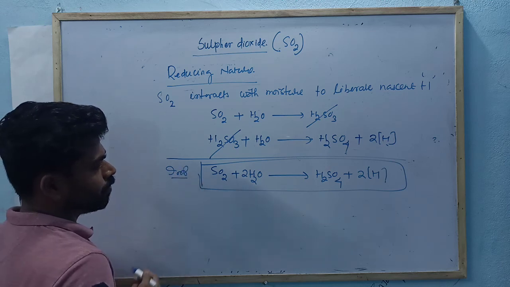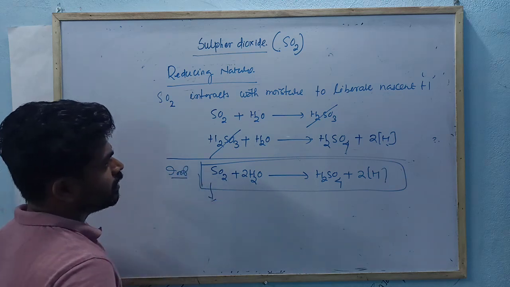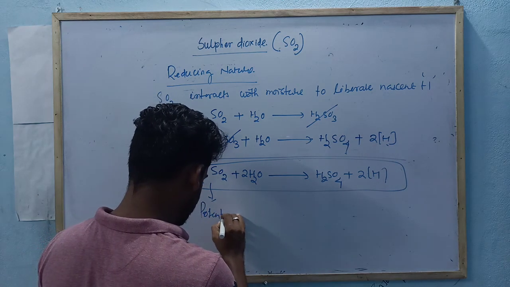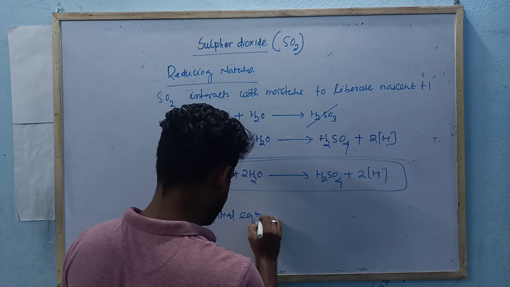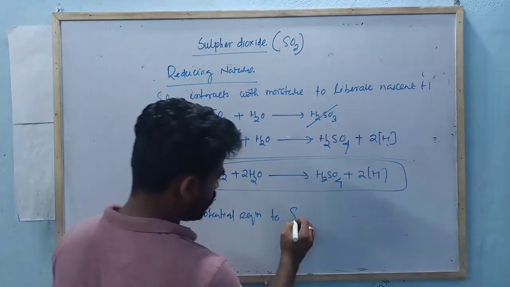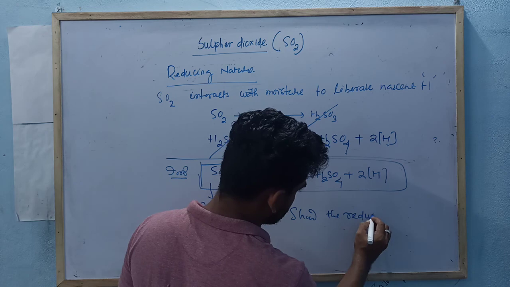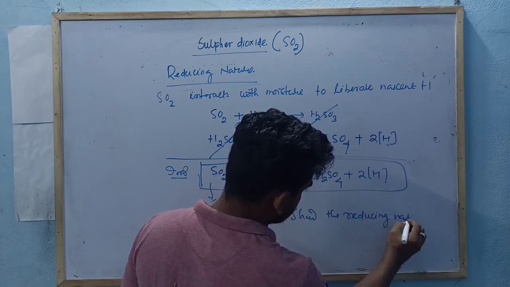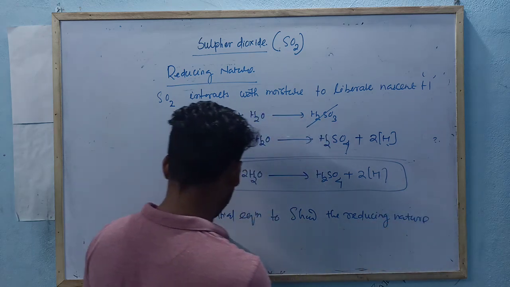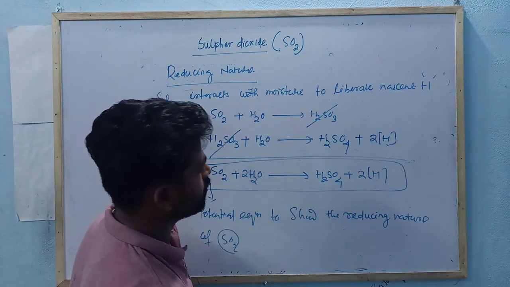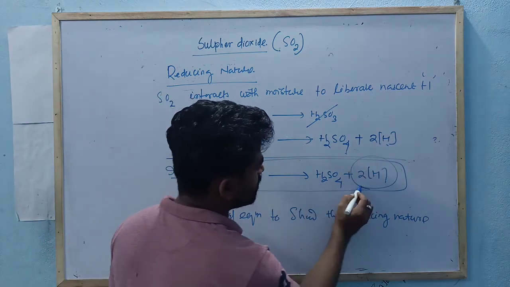You have to remember this equation. It provides the potential equation to show the reducing nature of your SO2. We have to apply this equation because in it there are 2 nascent hydrogens liberating.